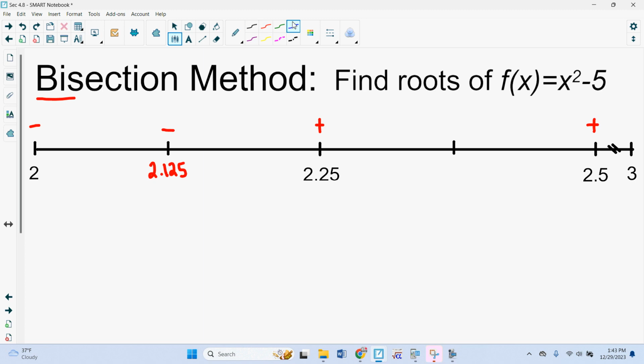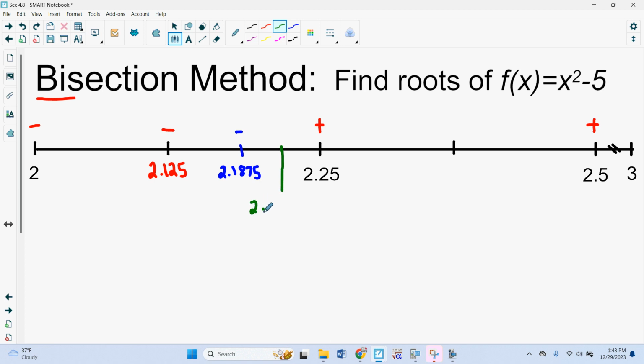And to speed this up, I'm just going to write this down. And then if I go in the middle of that, I get 2.1875, and that's a negative.